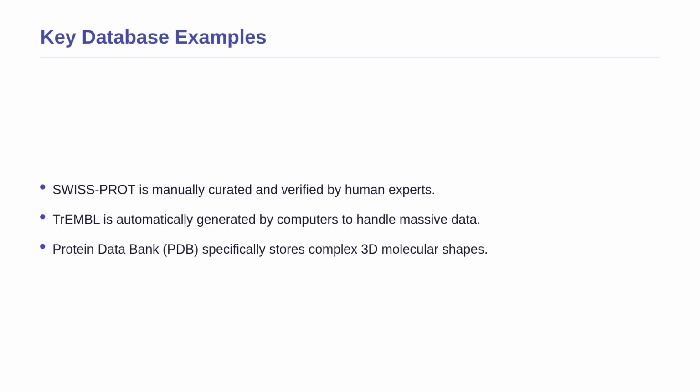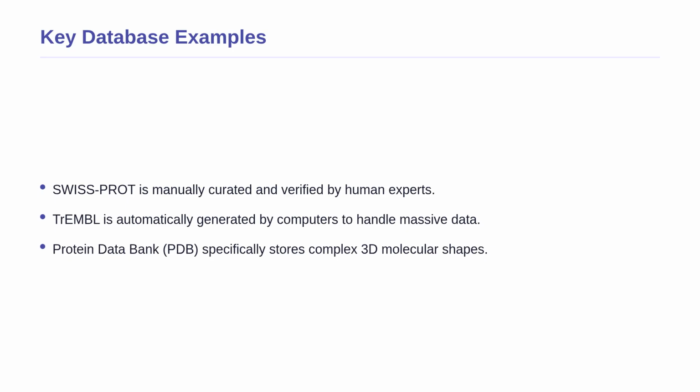To make this concrete, let us look at three specific examples of these databases in action. First is SwissProt, which is highly respected because it is manually curated. This means human experts verify every single entry for accuracy, ensuring high-quality data. On the other hand, we have TrEMBL.